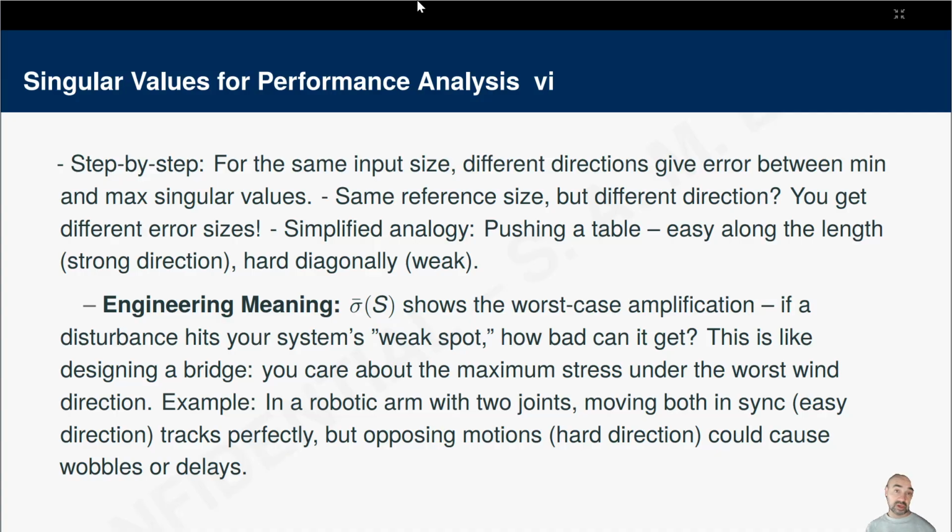Some command combinations are easy to track, others are hard, weak directions. Worst case means if nature chooses the most damaging direction, like wind direction, how bad can the error get? How bad can the maximum stress get? And this is essentially the robustness measure.